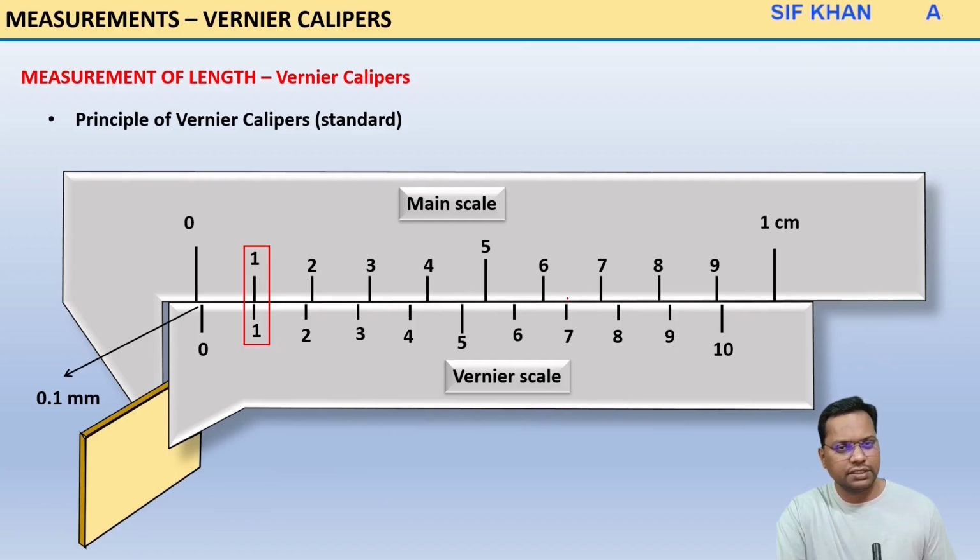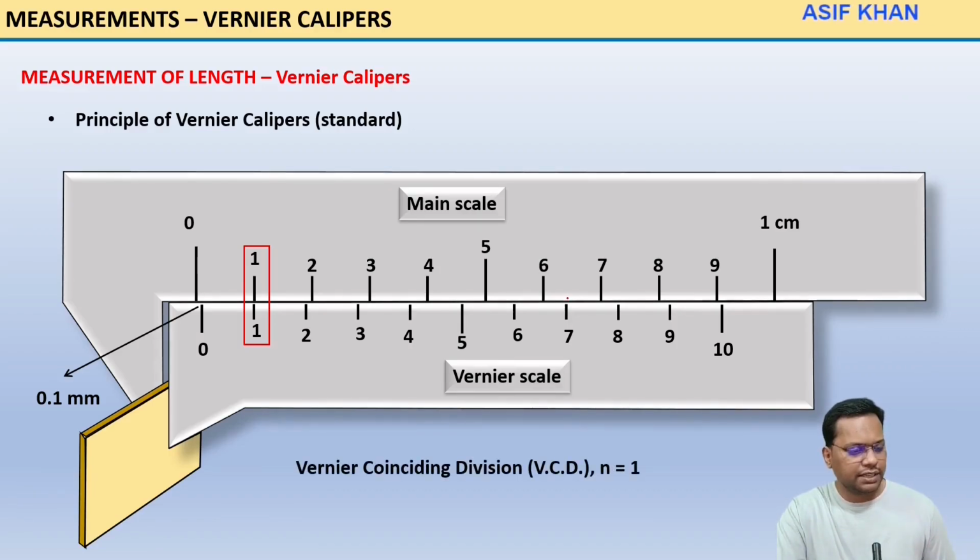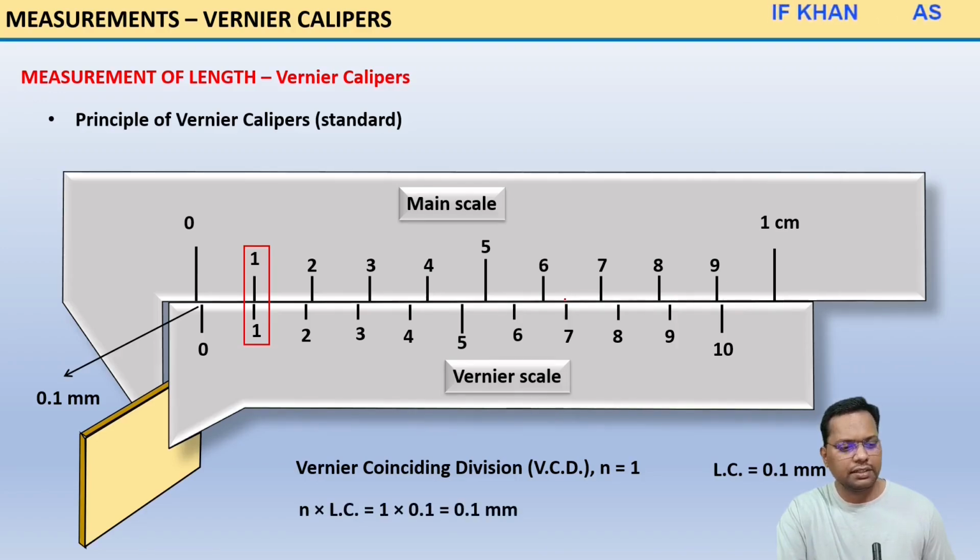Therefore, if you insert a sheet having a thickness of 0.1 mm, it can be measured using the Vernier calipers. The Vernier coinciding division here is 1, and the least count we have already calculated is 0.1 mm. The total reading will be the least count times the Vernier coinciding division, that is 0.1 mm.